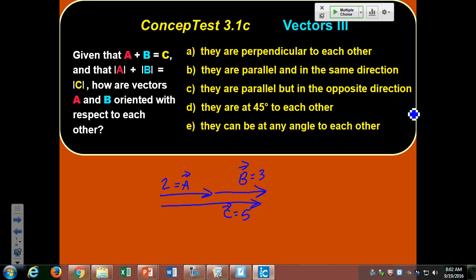So for example, if instead I had A here, B here, then C, this would not equal 5. It would be some value less than 5, in fact. So it turns out that the maximum sum that I can get for two vectors is when they're parallel and in the same direction. So B is the right answer.